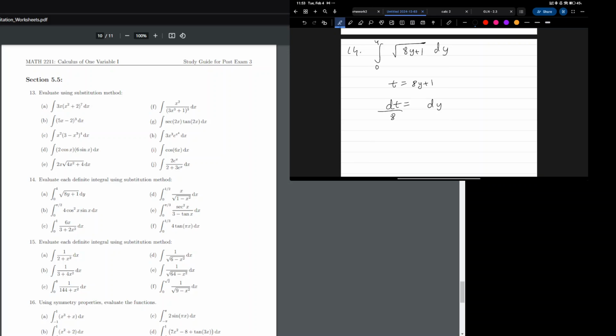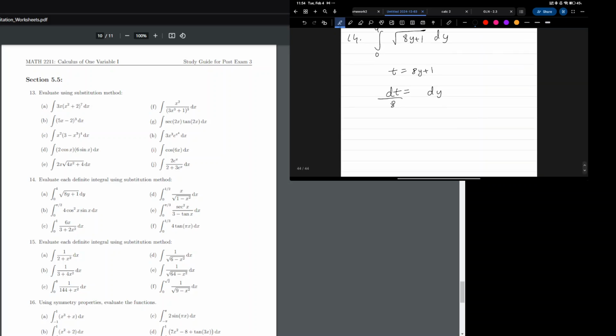All right. Now, let's first set it up. So 8y plus 1 gets replaced by t, becomes root t, and the dy becomes dt over 8. Now, the bounds will not stay the same. Why?